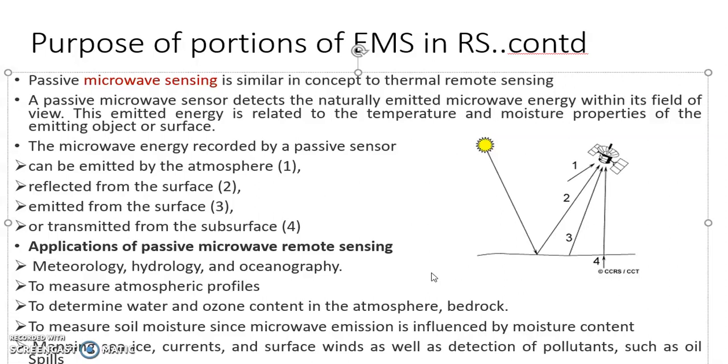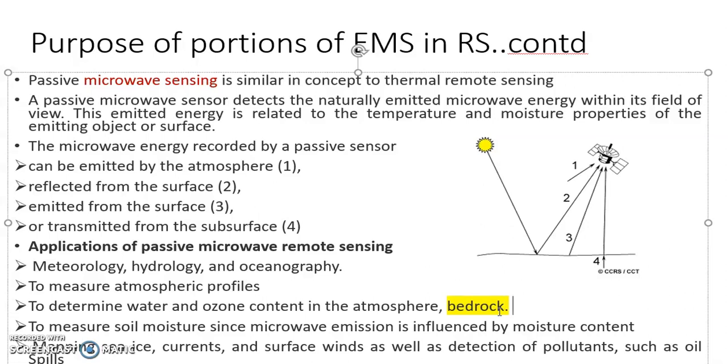The next one is to determine the atmospheric profiles that I just said, which is a part of meteorology. Then ozone content, and you can also determine bedrock. Now this is something which you have so far not seen, right? So how do you actually determine the bedrock? As civil engineers, this is a very important thing.